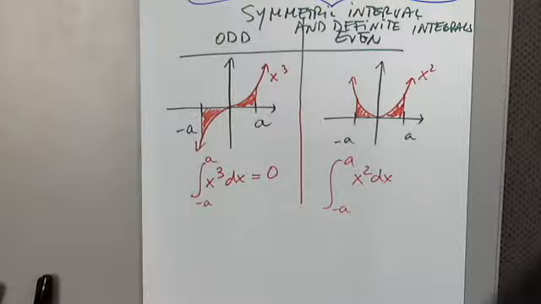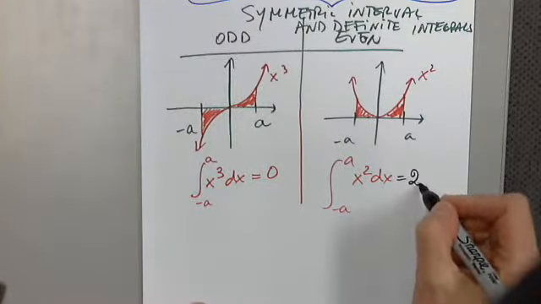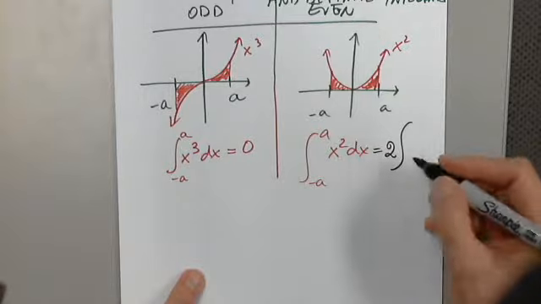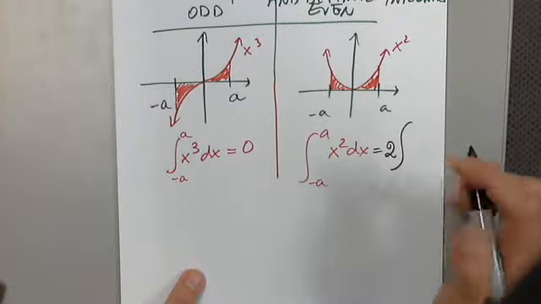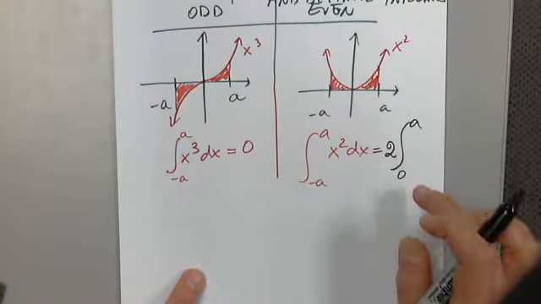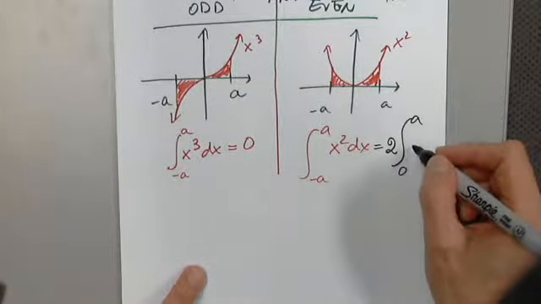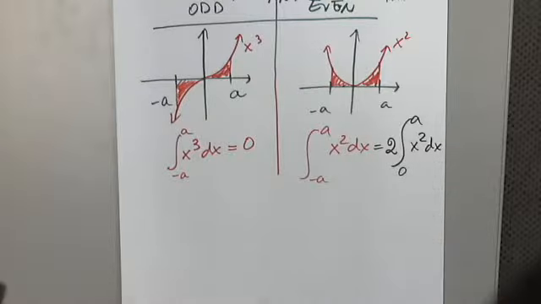This is a tremendous help, because I really don't want to determine an area between negative a and a if I have an option. So this is definitely twice the integral from, I always prefer to have the lower limit 0, of x squared dx.